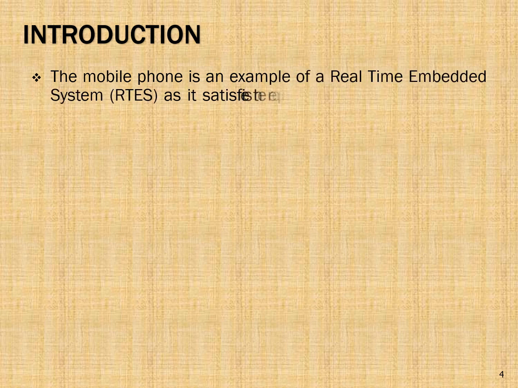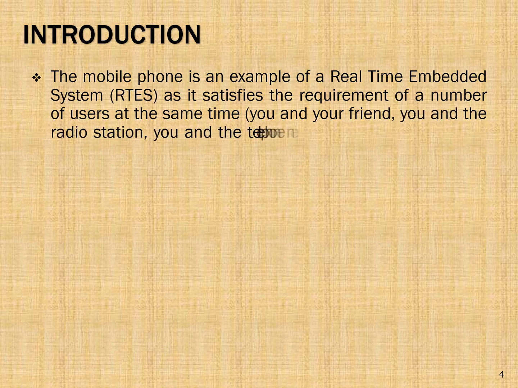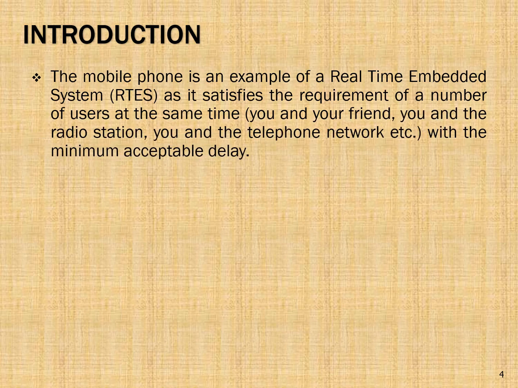So far we have come across different types of definitions of embedded systems. The mobile phone is an example of a real-time embedded system, in short called RTES, as it satisfies the requirements of a number of users at the same time. It performs real-time operation: when you make a call, it does real-time operation between you and your friend.